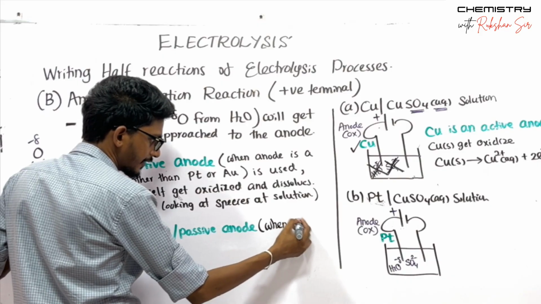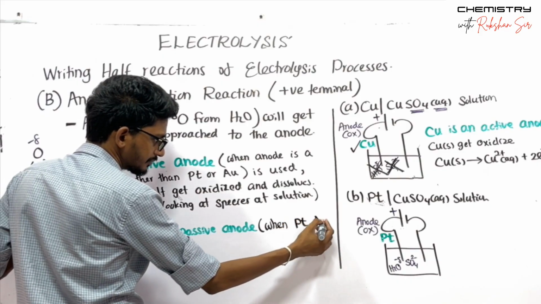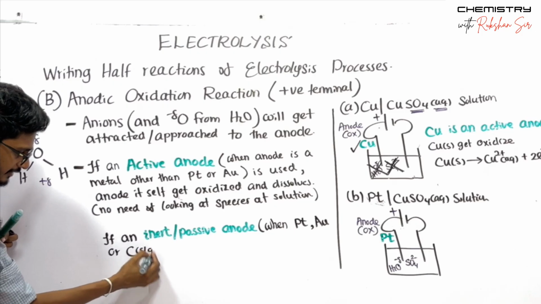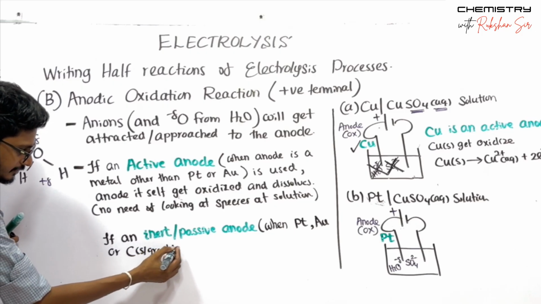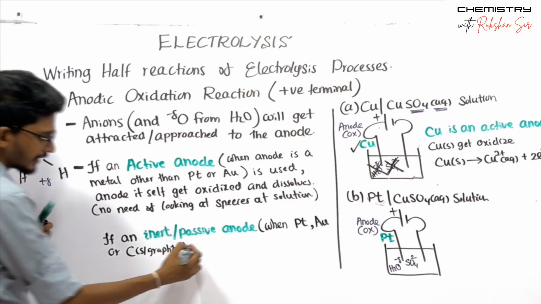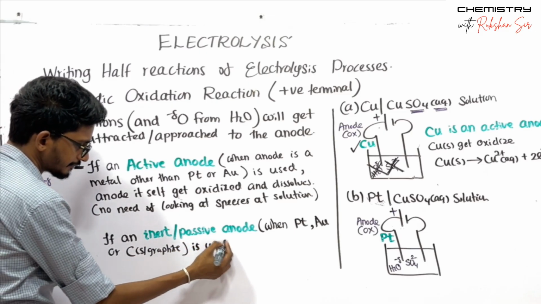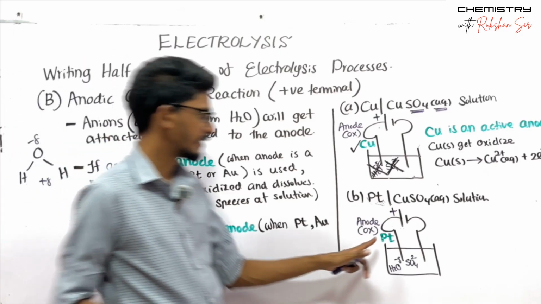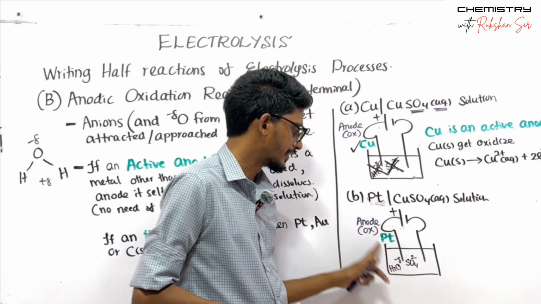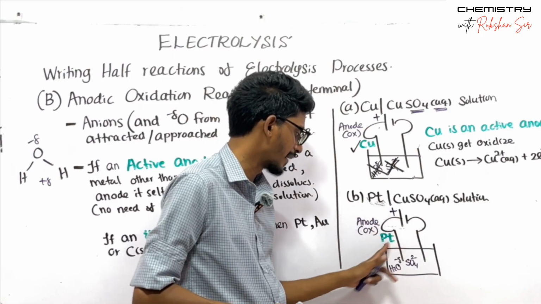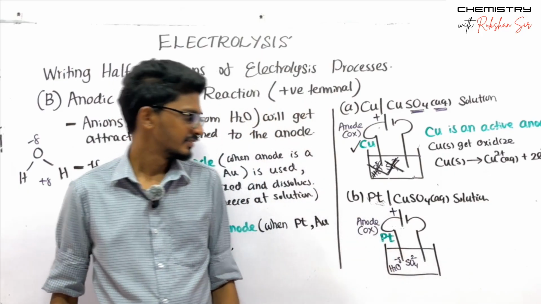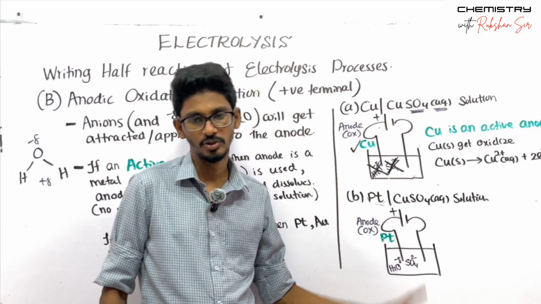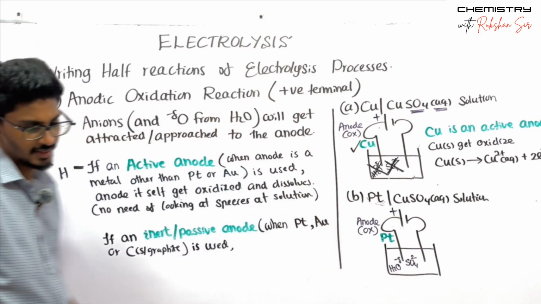When platinum, gold, or carbon (solid graphite) is used like this. If a passive anode is used, then this anode is not going to get oxidized. We have to look at the species in the solution, right?